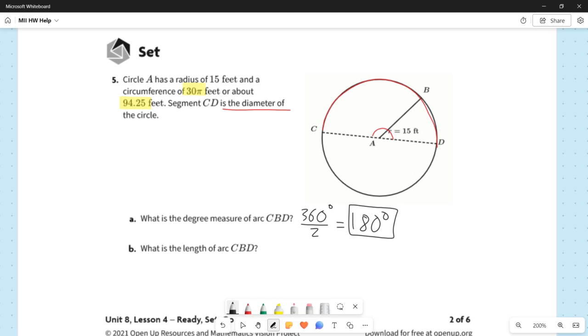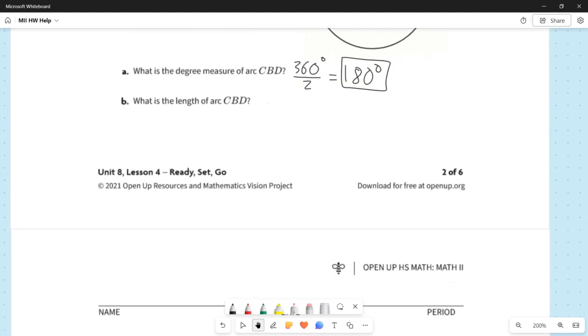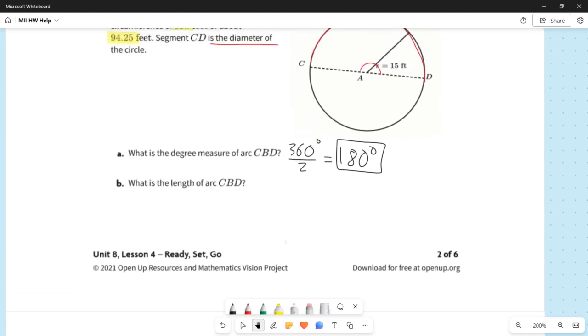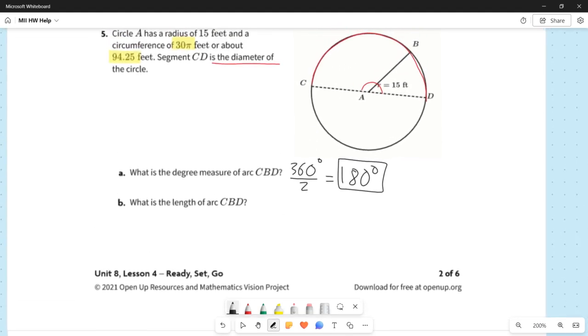Part B is saying, what is the length of arc CBD? All right, so now we're looking for the length. Let me scroll down so we can see the picture here. Okay. So I want the length of CBD.